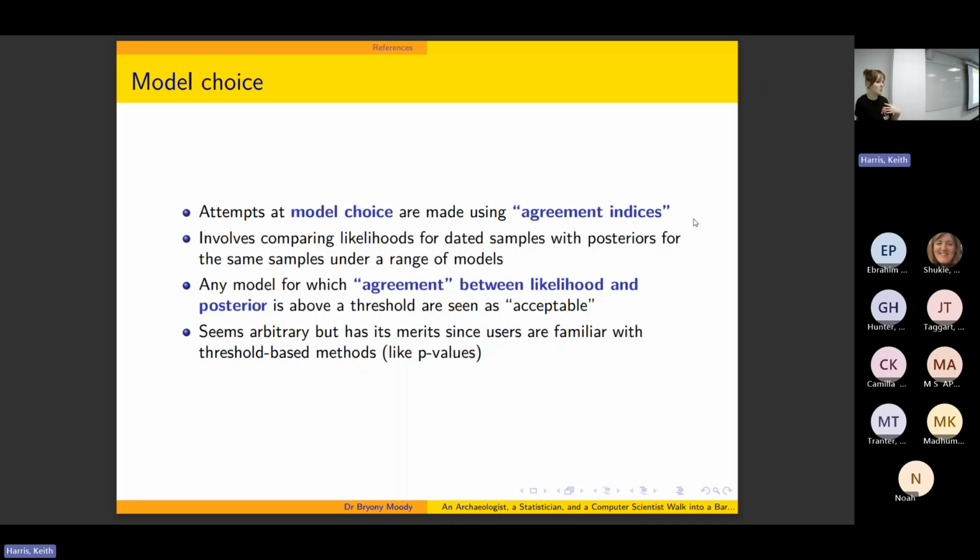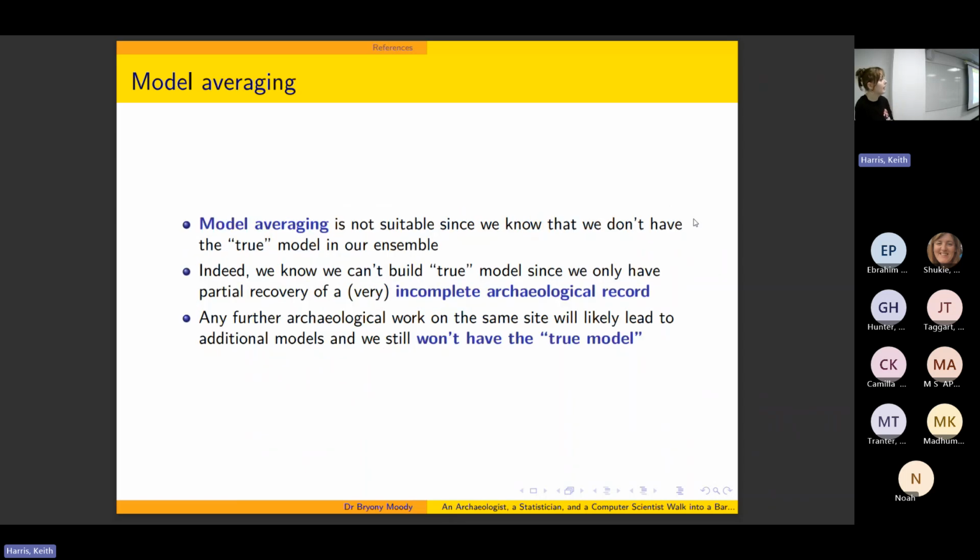Some people feel like it's a bit arbitrary, other people feel like it's very helpful to have a threshold that you can compare something to. Some archaeologists really like these because they know they have a threshold by which they will deem a model suitable or not. Others feel like it's a little bit arbitrary and don't really trust it as much. So we chose not to use these for our work.